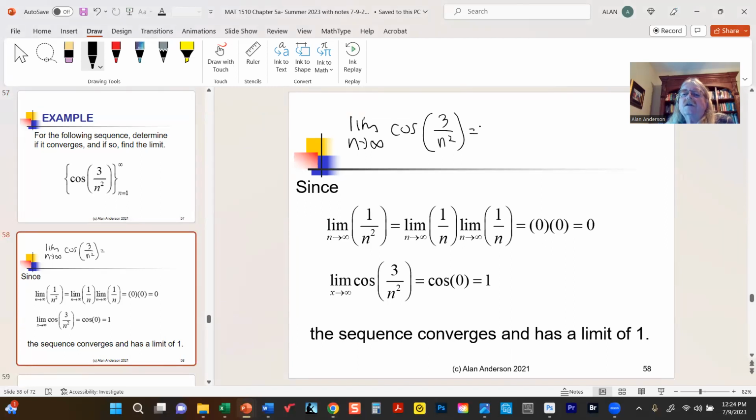Actually, you know what I just realized? This is a L'Hopital's rule case because you're going to wind up with infinities here. So if you take the derivatives, no, hold on.